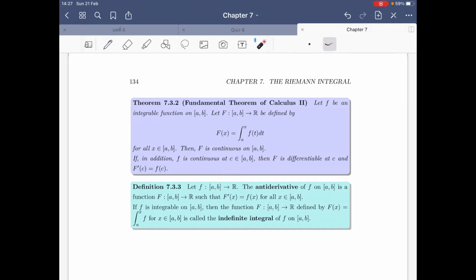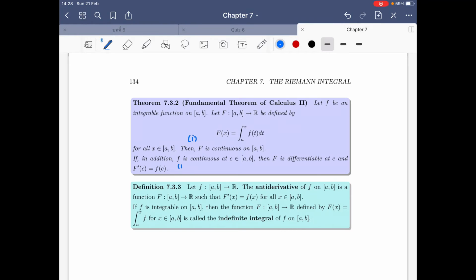For this one, we are saying that if your small f is an integrable function over the closed interval [a,b], and the capital F is defined to be the integration from a to x of the function f(t) dt, for all x in this closed interval from a to b, then this capital F defined this way is continuous. So this is the first assertion: your capital F defined using the integration like that is continuous on the closed interval from a to b.